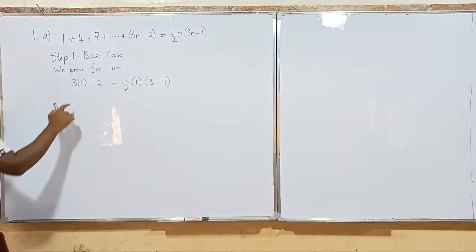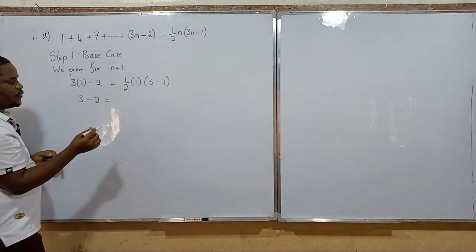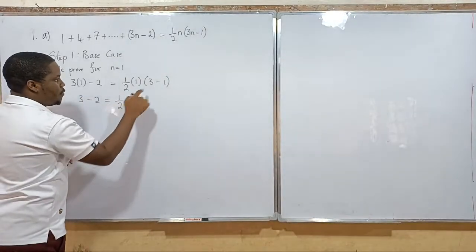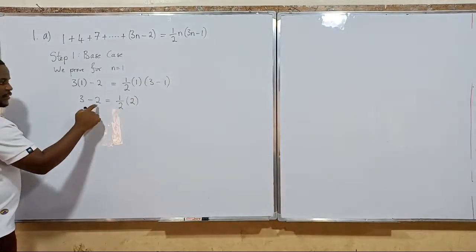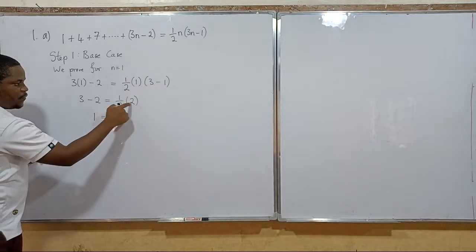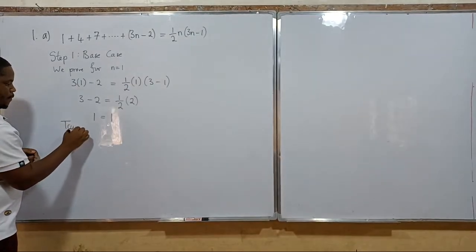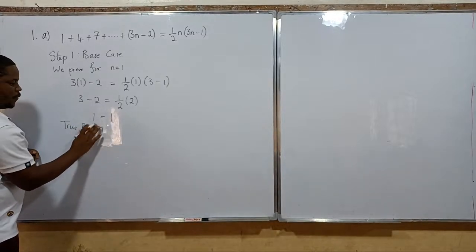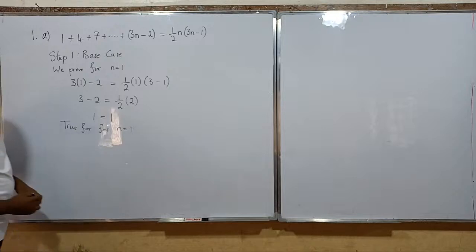This gives us 3 minus 2. On the other side, we'll have half, 3 minus 1 is just 2. 3 minus 2 is 1. Half of 2 is 1. So, true. This is true for n equals 1.